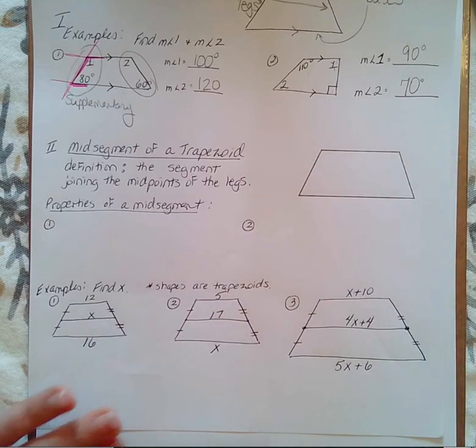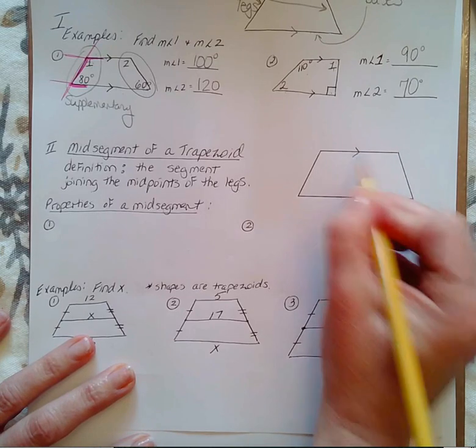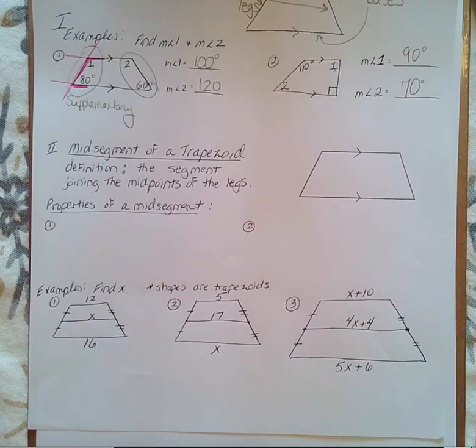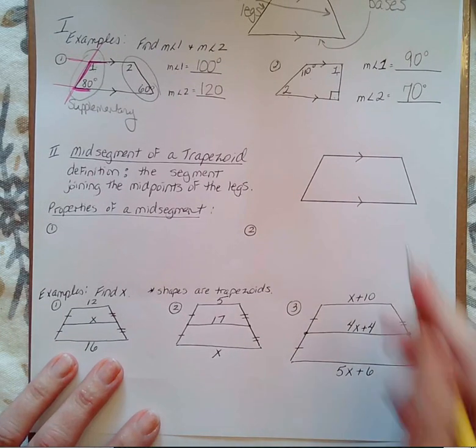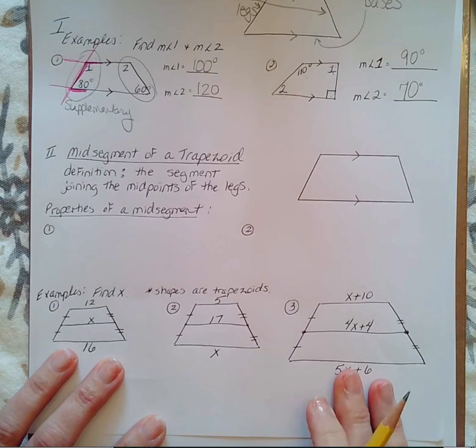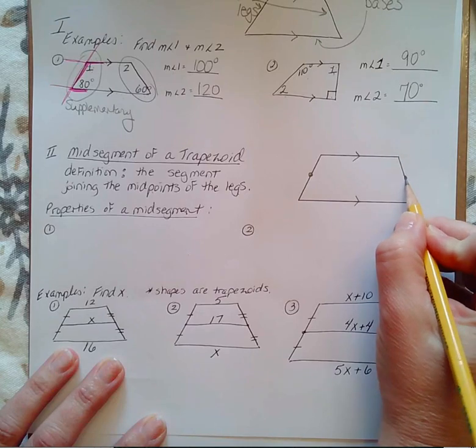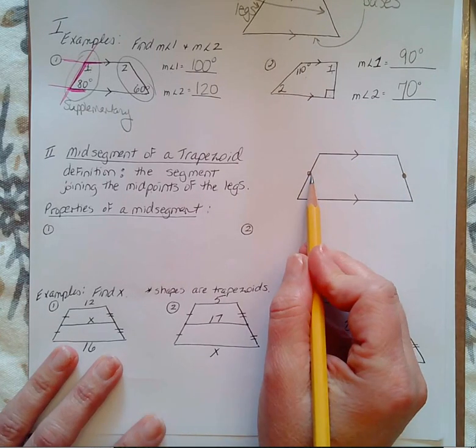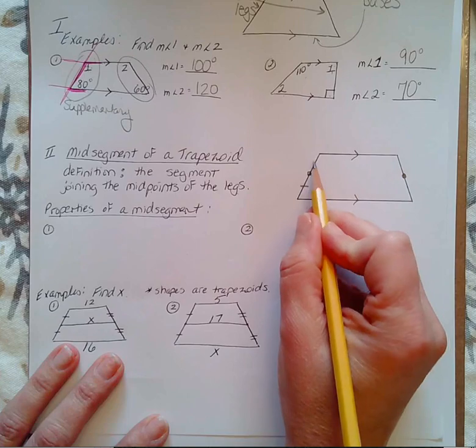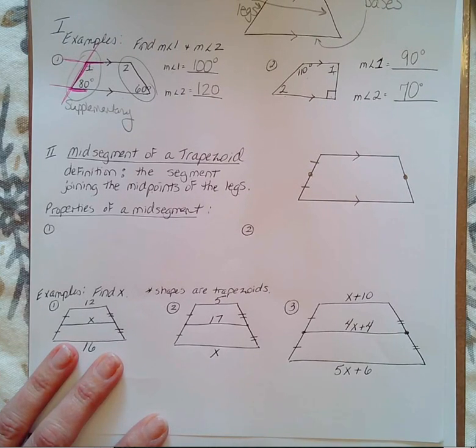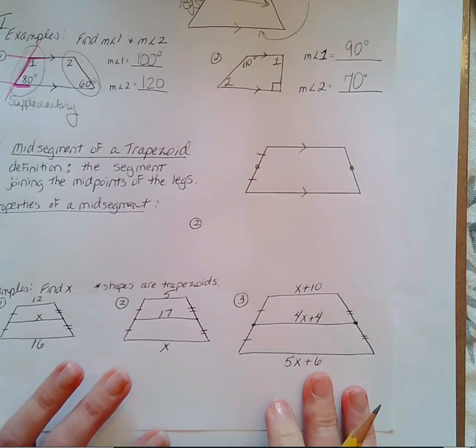So I just basically drew this picture. Let's make sure that we know that it is a trapezoid. We have one pair of parallel sides. These two here are the legs. They say we have to have a midpoint. There's your midpoints. To show that this is a midpoint, I am going to mark these two pieces congruent to each other.